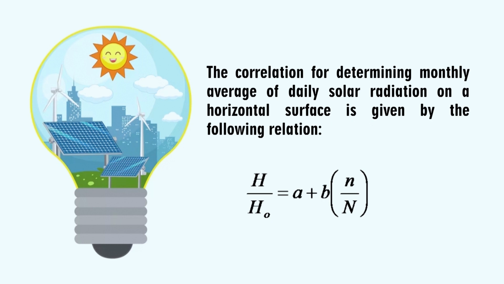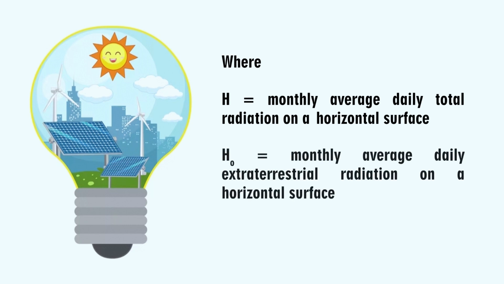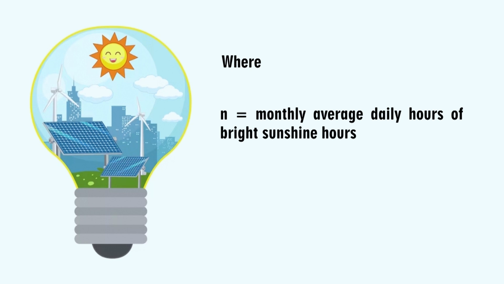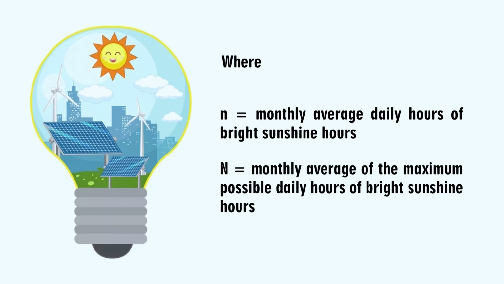The correlation is given by the relation H upon H0 is equal to a plus b multiplied by small n upon capital N, where capital H is the monthly average daily total radiation on a horizontal surface, H0 is the monthly average daily extraterrestrial radiation on a horizontal surface, small n is the monthly average daily hours of bright sunshine, and capital N is the monthly average of maximum possible daily hours of bright sunshine.